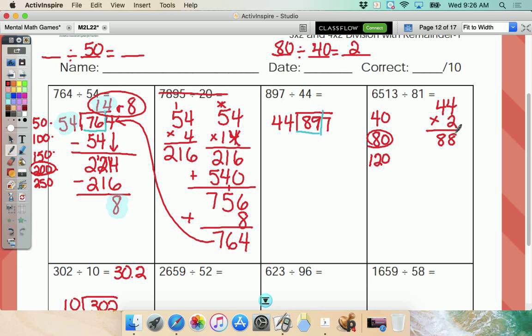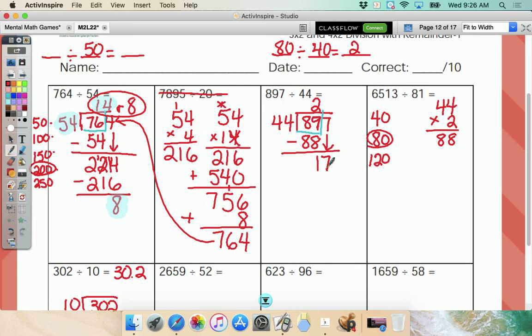So Catherine, where do I write the 2? How about your 9? Good. And Lily, what do I write below 89? You write 88. And that's a nice, easy subtraction problem, isn't it? Is 1 less than 44? Yes. So I can bring down my 7.